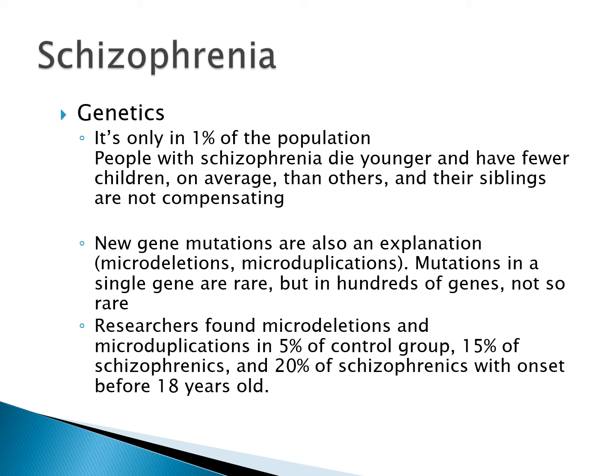And if we look at this, people with schizophrenia tend to die younger and have fewer children on average than, quote, normal people. And their siblings are not compensating. Their siblings are not having more children in order to compensate for people with schizophrenia who inherit and then show the disorder, dying young and having fewer children, which means that we would expect to see this eventually die out of the population as we see how natural selection works.